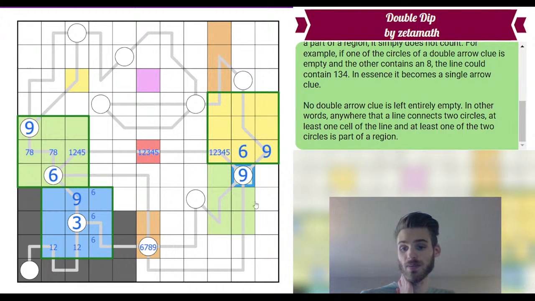Or not digits, or whatever you want to say. And that's just because of this cell. So we've run out of easy things. I've run out of easy things now, so I need to look for hard things, I guess. It's definitely a 3 in one of those two.